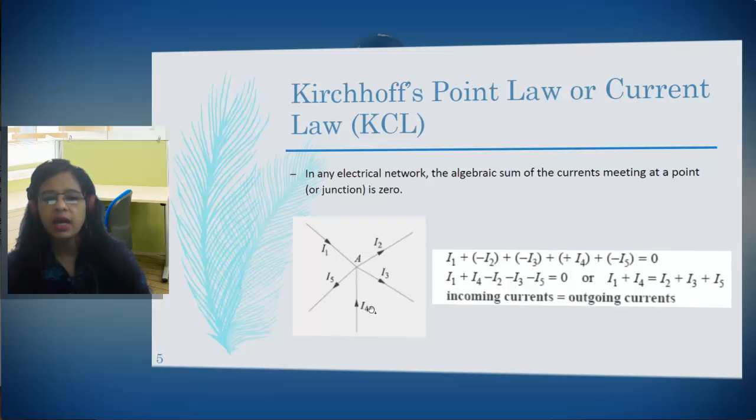I1 and I4 are the incoming currents, and I2, I3, I5 are the outgoing currents. So the incoming currents are equal to the outgoing currents. This way also we can state Kirchhoff's law. This is how Kirchhoff's law is applied: the current coming to the node is taken as positive, and the current leaving the node is taken as negative.